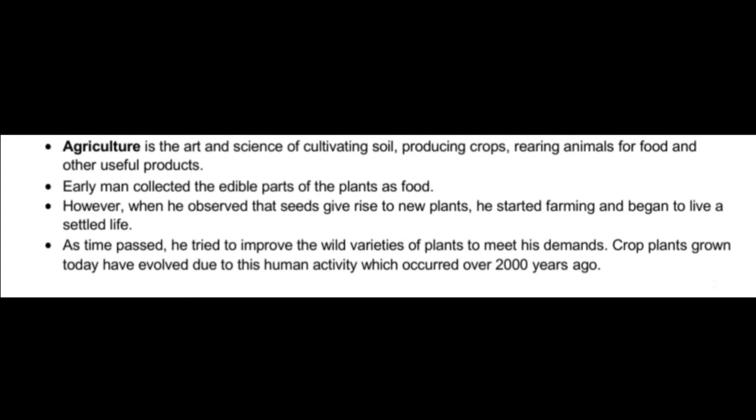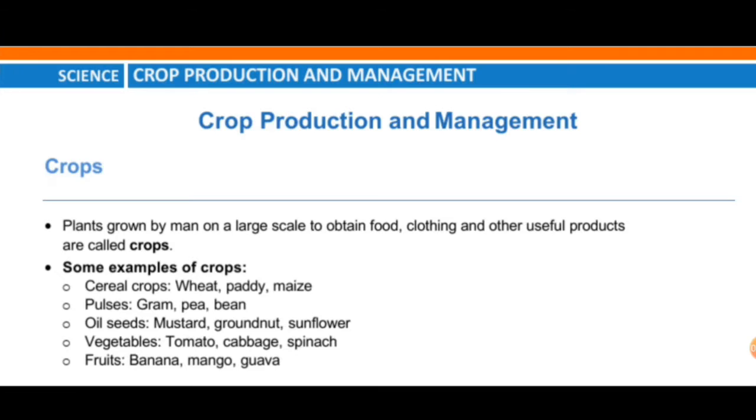Let us look at the next term, crops. Crops basically mean the same kinds of plants being cultivated on a large scale. So, when I say a crop of rice, it basically means a field which only has rice plants and nothing else.